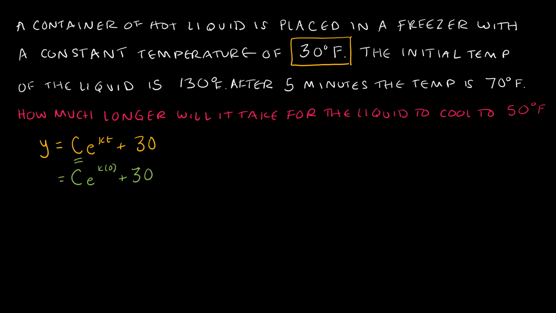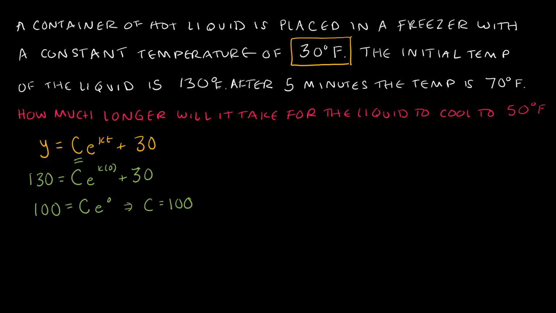So this 130 now actually has 30 subtracted from it, so 100 is equal to C times e to the 0, which of course is just C. So C is 100. So that's the first part.